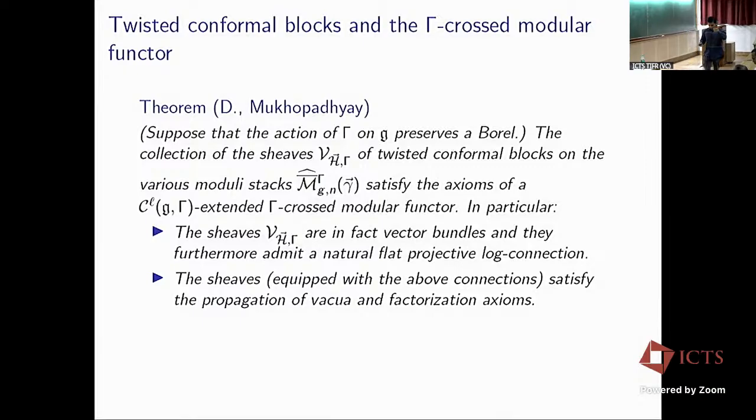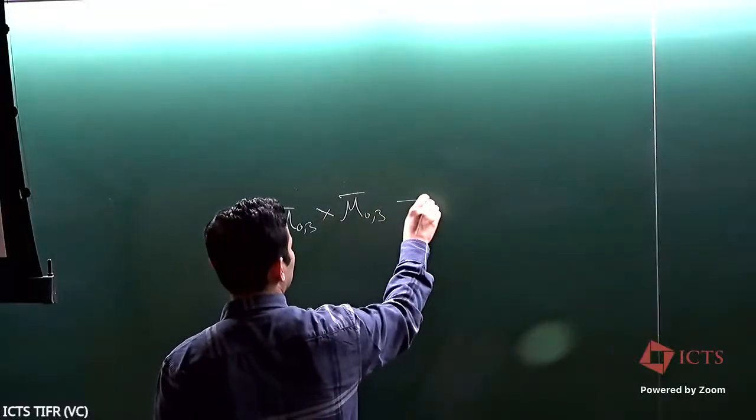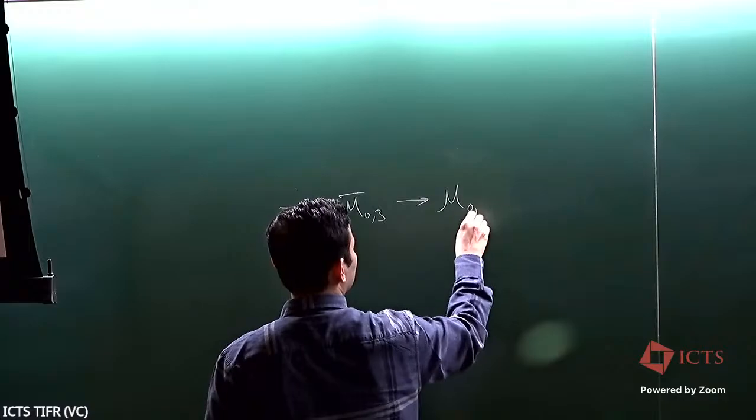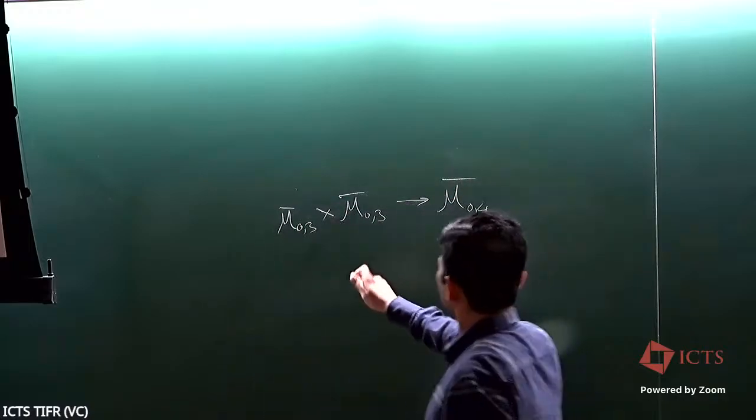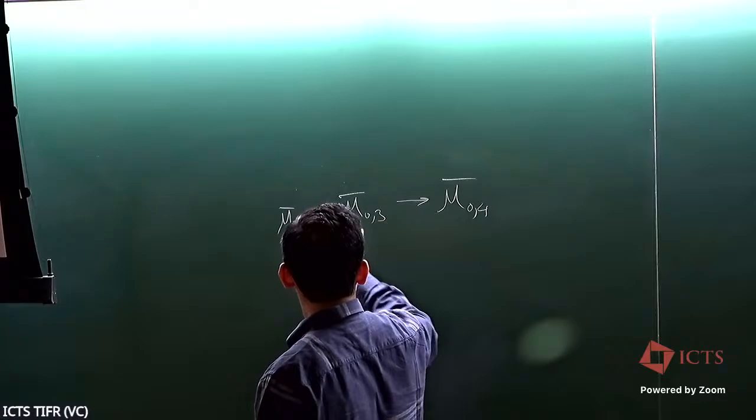And these moduli stacks have various gluing maps. For example, you have a map from M03 cross M03 to M04: choose a point on each and glue them.